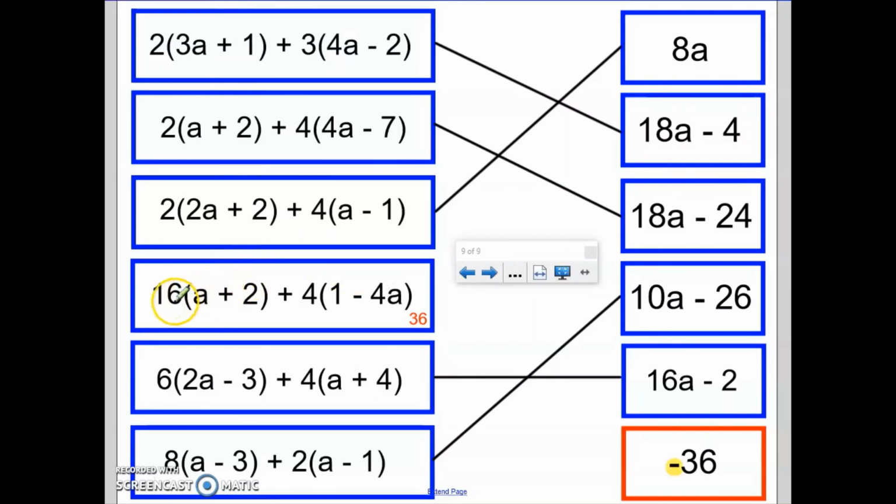And we'd also end up with 16 times 2, which is 32, and a 4 times 1, which is 4. So when we come to simplify, it would be 32, add 4, giving us a positive 36. Very well done if you identified minus 36 as being the odd one out. Very well done if you understood that whole task there. You've shown a good understanding of the topic of expanding single brackets.